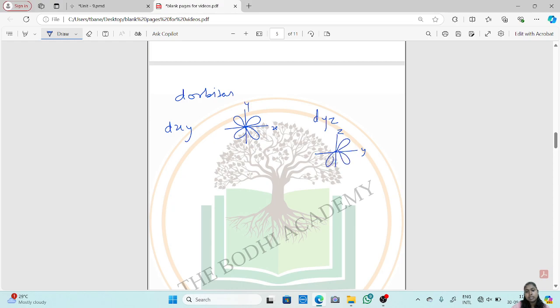And dxz, again z and x. So these are in between the axes, whereas dx square minus y square is along the axis, and dz square is also along the axis.